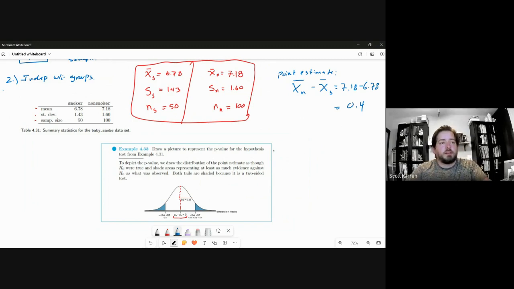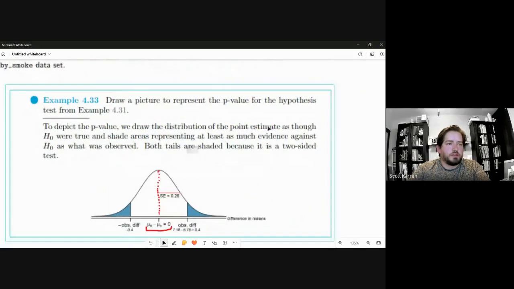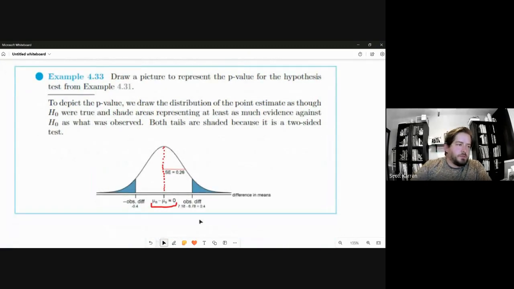So they've drawn that on this normal curve here. The observed difference is sitting down here at 0.4, and so if I get values to the right of that, values to the left of that, that's the p-value, and I want to figure out if that is larger or smaller than 0.05.